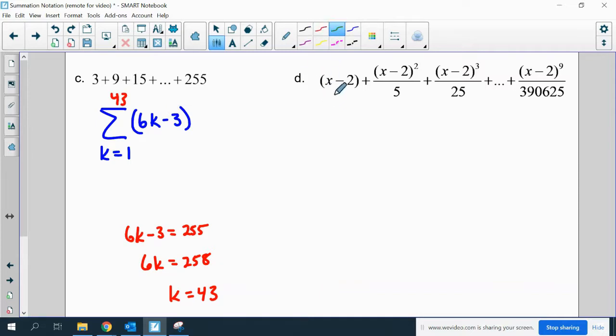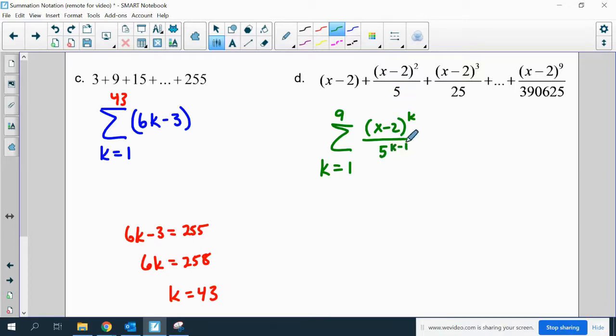Last problem. What I want is the sum from k equals 1 until 9, it looks like, of x minus 2 to the k over 5. And now what I have to notice is that my first term does not have a 5 in the denominator, and my second term does.